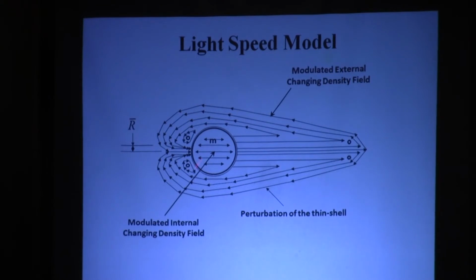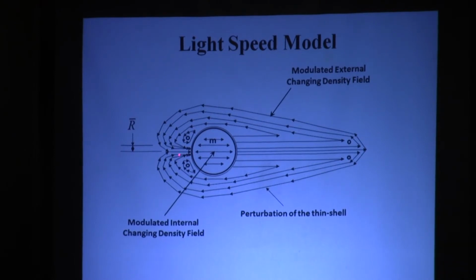If you take the thin shell around an object and you get it moving towards the speed of light, then the thin shell is going to move way far out in front of it and get real small behind it. Since the density of an object gets real large, the thin shell is going to get real small. So if you're talking about a black hole, the thin shell is going to be real small, whereas an atom is going to be far out.